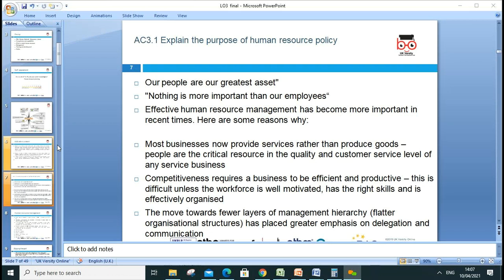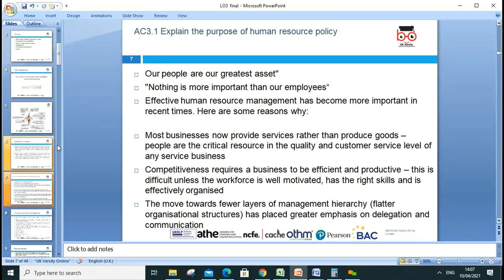Most businesses now provide services rather than produce goods, so we deal more with people. People are the critical resource in quality and customer service. If you have a wonderful product but very poor customer service, it's very difficult to sustain in our organization because we have competition. Apart from local suppliers, we have competition throughout the world. That's why it's very crucial.